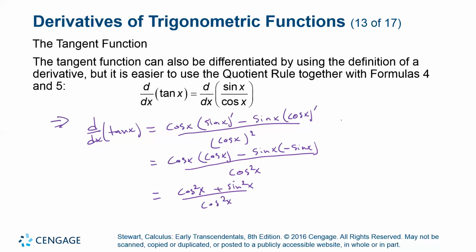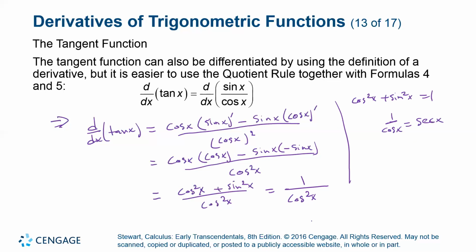But we know one of the identities: cosine squared of x plus sine squared of x is equal to 1. So the numerator here is 1, over cosine squared of x. Now we know that 1 over cosine is secant of x.